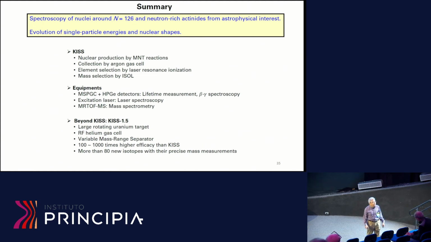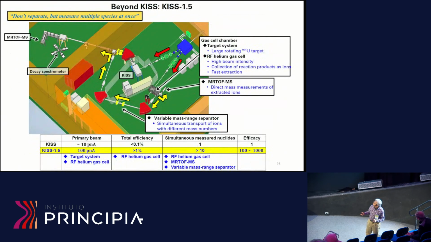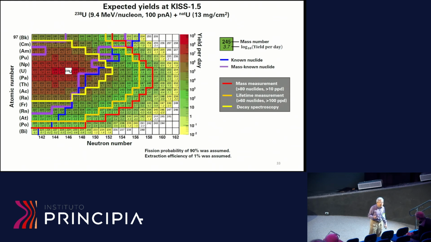Yeah, in the model you use to interpret the production. Yeah. But we'd like to transfer 6 or 8 neutrons. It is not so well understood.